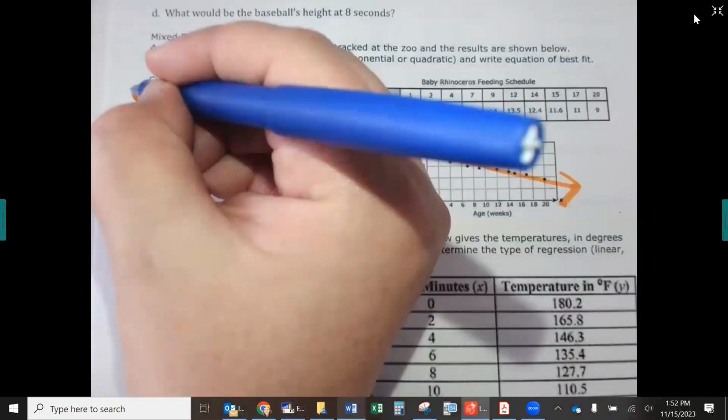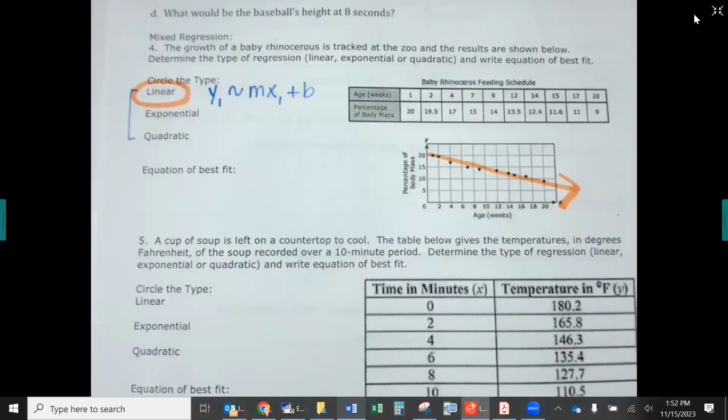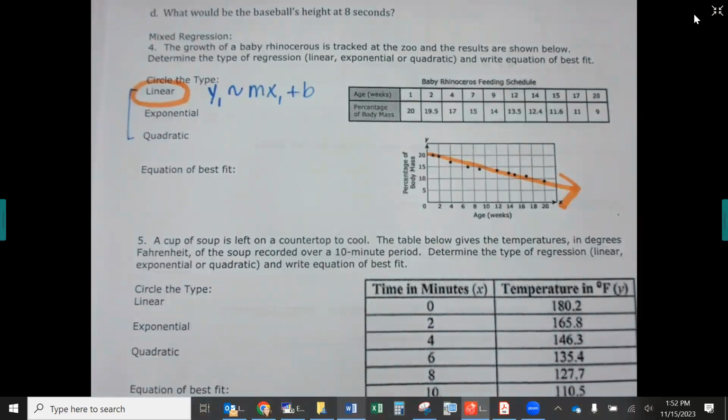So you're picking between these three choices based on the shape that the dots make. If they make more of a straight line, you would do the one we learned last week. If they make a curve, you do the one we learned on Monday. And if they make a U shape, you'd do the one we learned today.